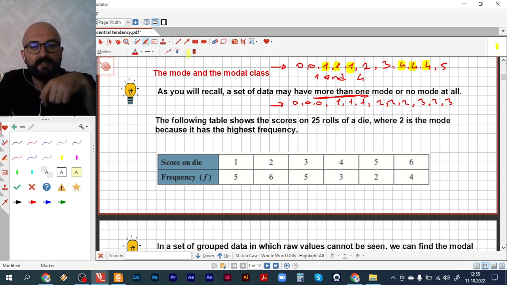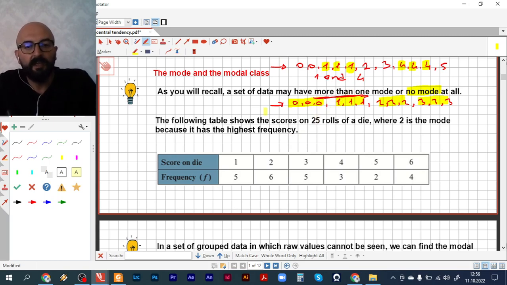So in this situation, this data has no mode, because all values amount are the same. So as you remember, a set of data may have more than one mode, as in the first example, or no mode, as in the second example.